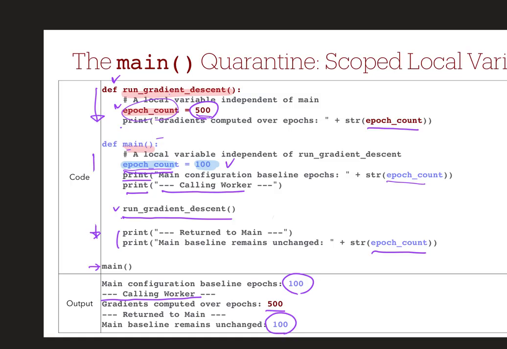And please note that the variable type of the epoch count is an integer type. So this epoch count is a variable of type integer. And we know that in case of an integer type variable, it is immutable.